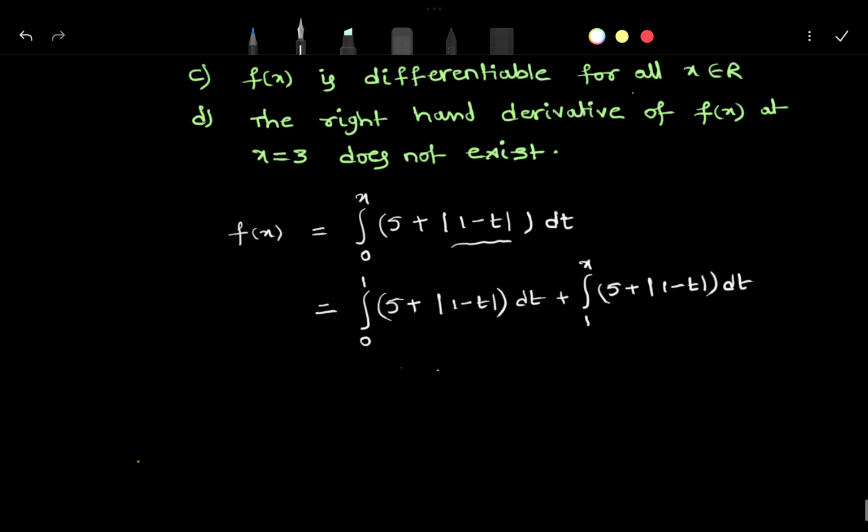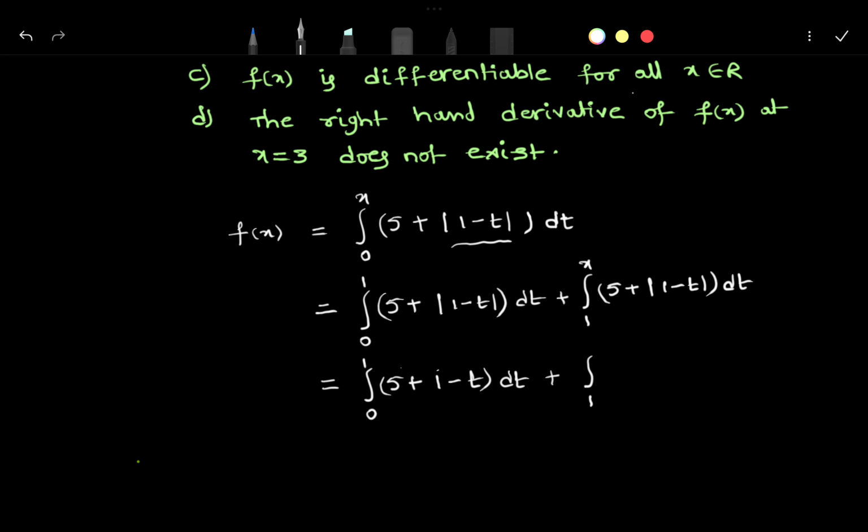See here, you understand that when t lies between 0 and 1, 1 minus t will be positive. So you can write this as integration from 0 to 1 of 5 plus 1 minus t dt. Plus, when t is greater than 1, 1 minus t is negative.